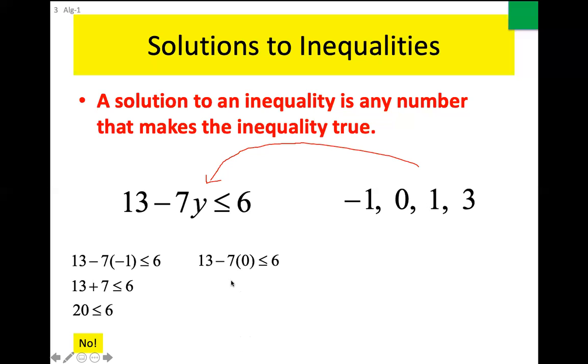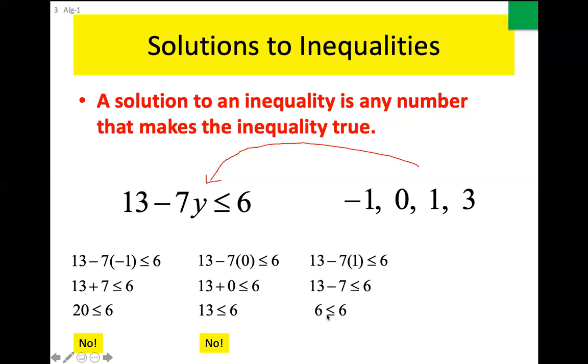We like zeros. -7 times 0 is 0. Is 13 smaller or equal to -6? Nope. 2 left. 1, -7 times 1 is a -7. 13 minus 7 is 6. 6 is not smaller than 6, but 6 is equal.